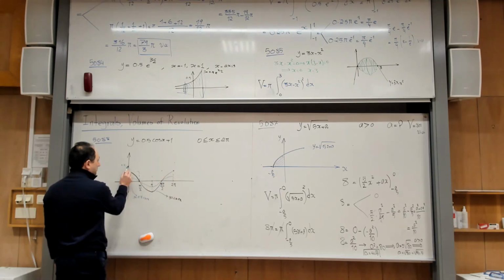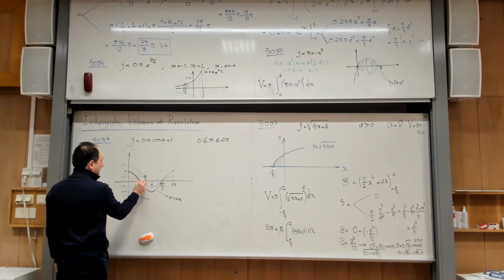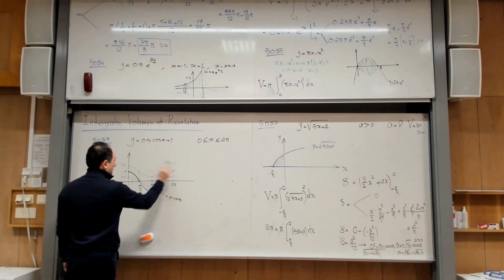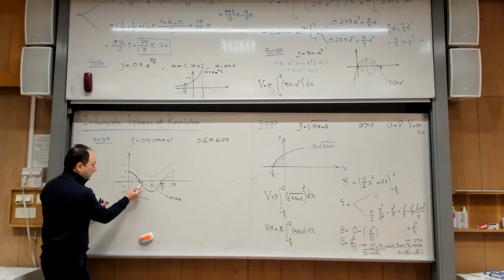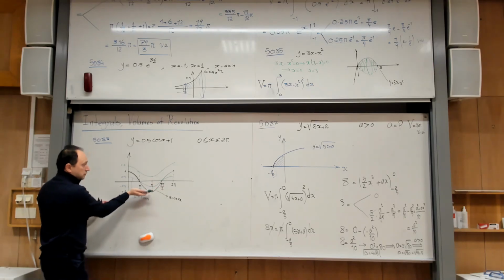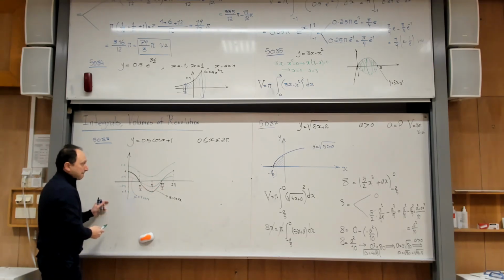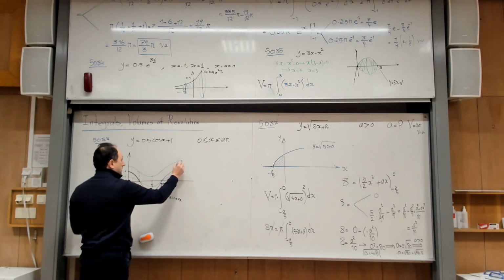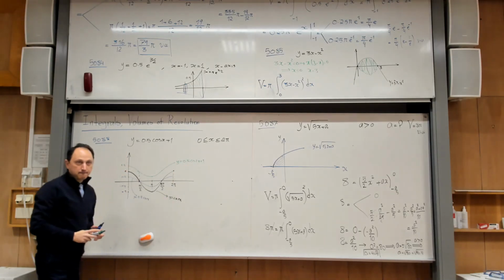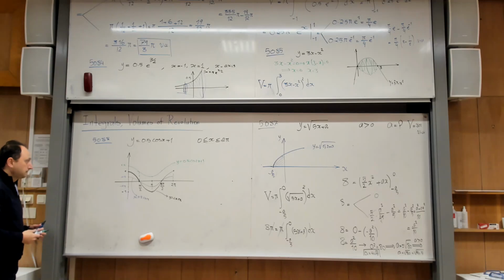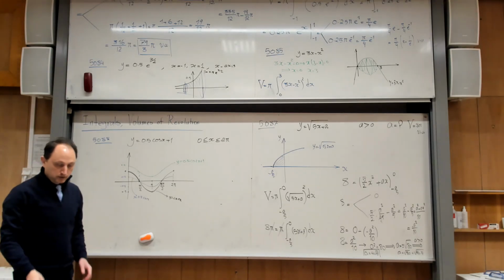So the graph will be like this. The blue one is shifted 1 unit up. So this is exactly 0.5 cosine x plus 1. Okay, so I don't have more colors.